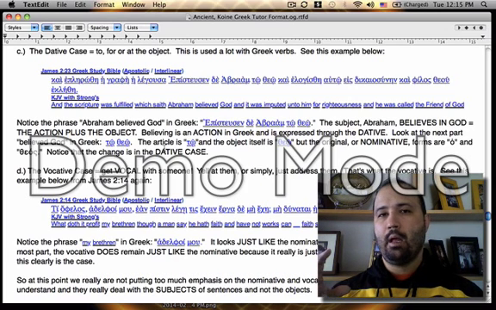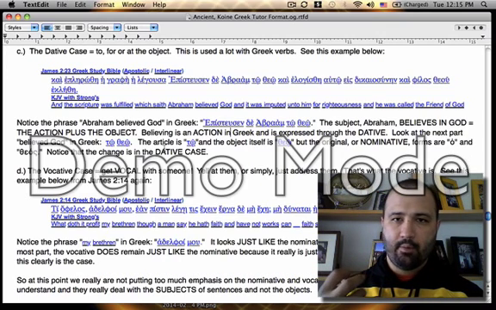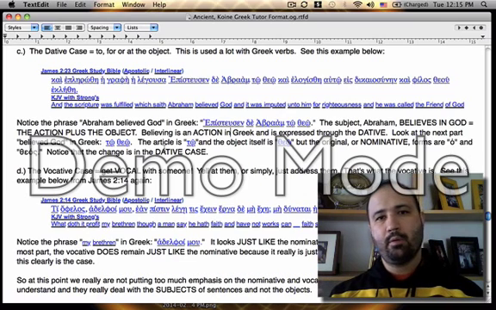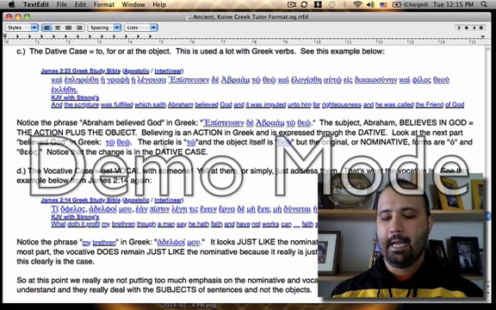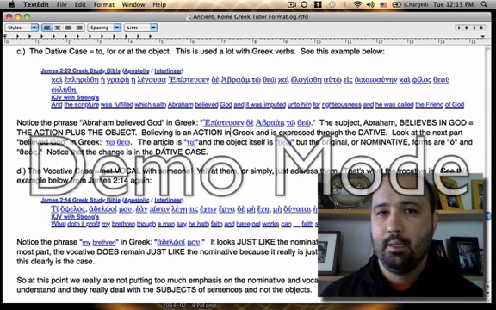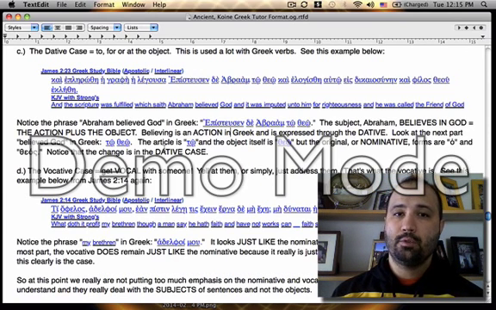We're going to go over a list of certain Greek verbs that are usually used in ancient Greek times or in biblical Greek, and what type of cases that they use in order to put action on objects.